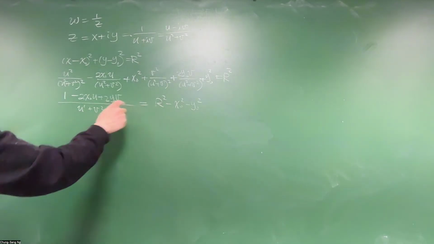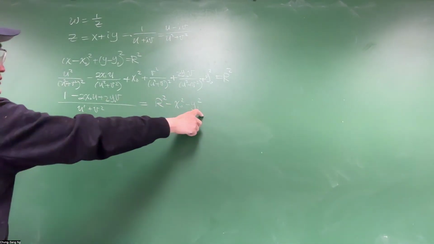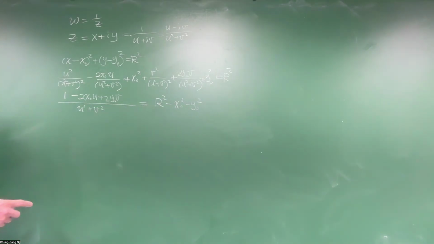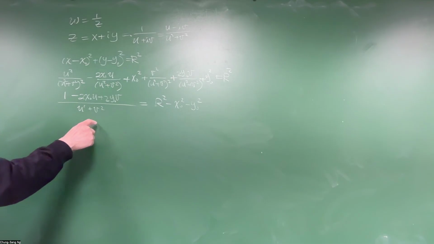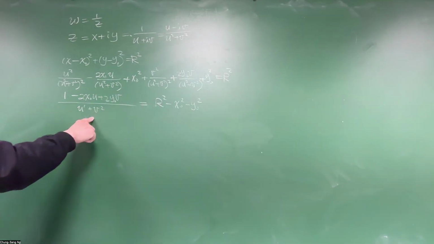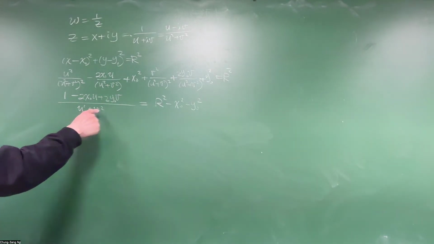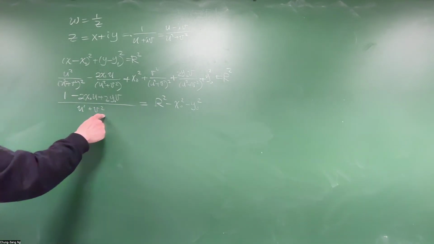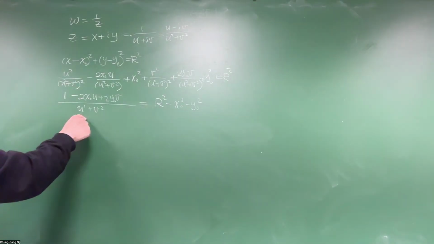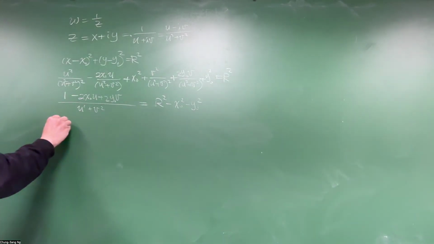Let's just multiply this to the other side, and then combine with the other side to do the complete square. Yes, let's just do it.